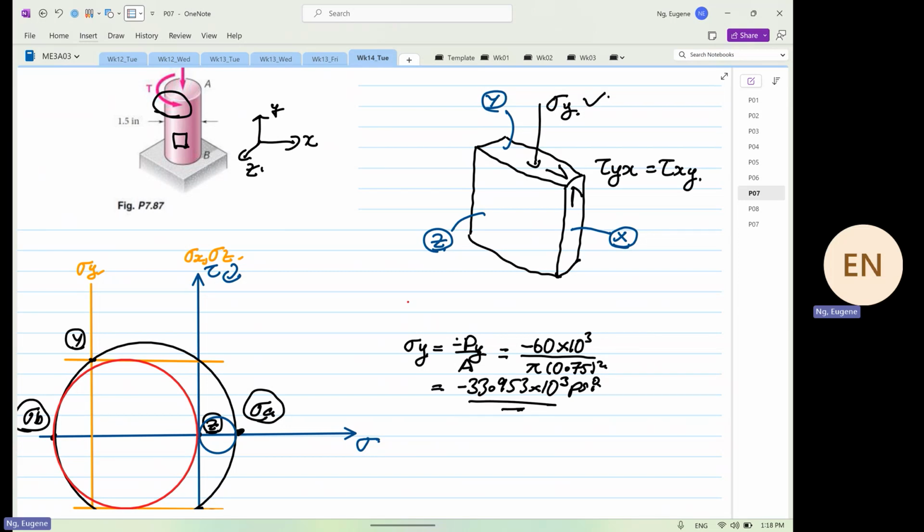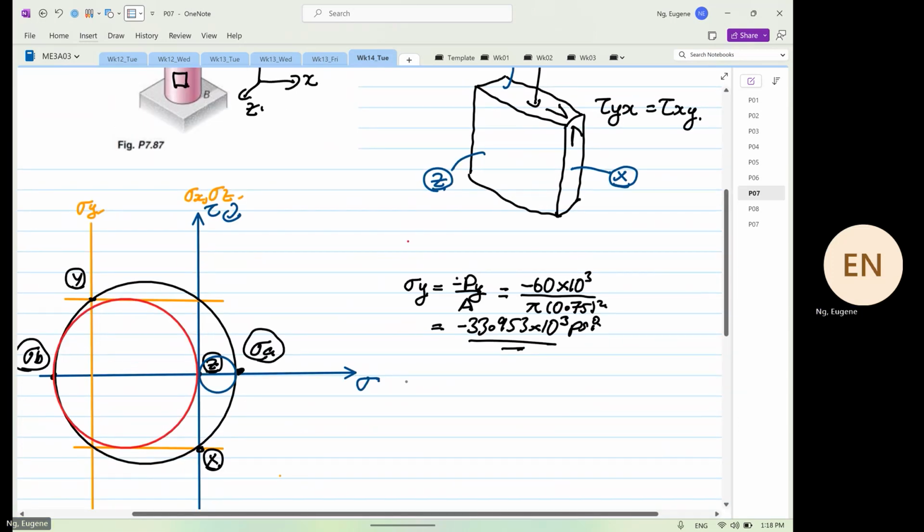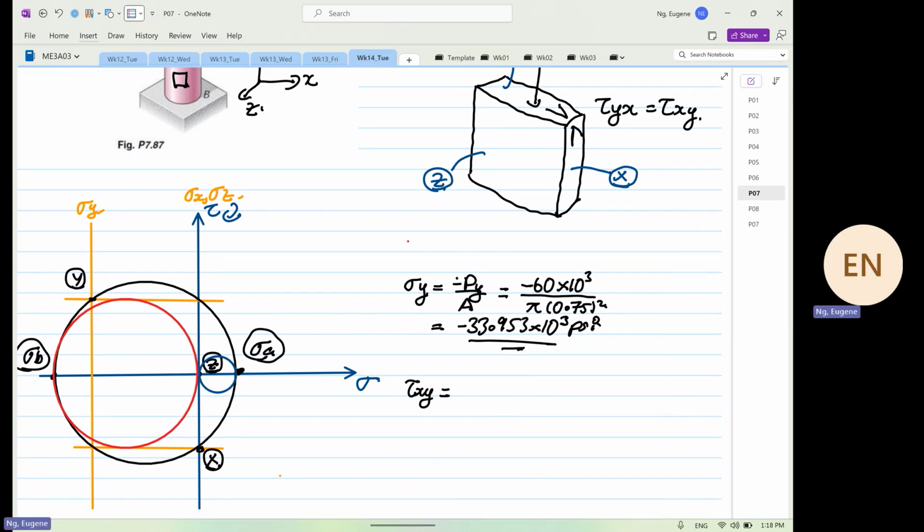Now we cannot determine our shear, because shear XY is equal to TR over J. For this case, we don't know our T; T is our unknown. This is what we want to determine.